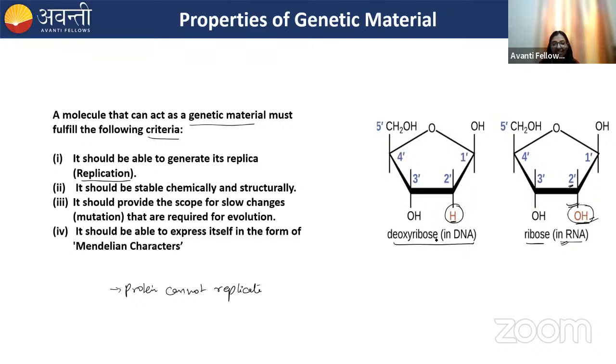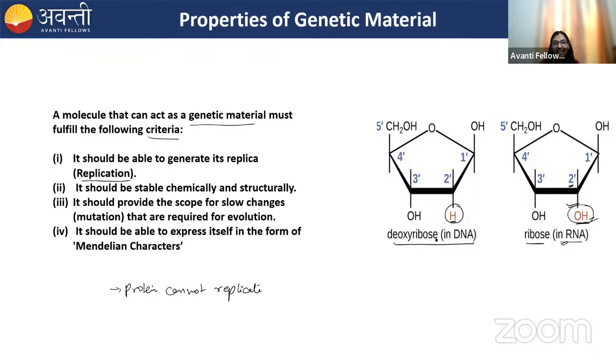Another important point is that DNA shows slow changes, whereas RNA shows very fast changes because RNA is highly reactive, so it shows a high rate of mutation. So the organisms which have RNA as a genetic material evolve much faster. For example, viruses.